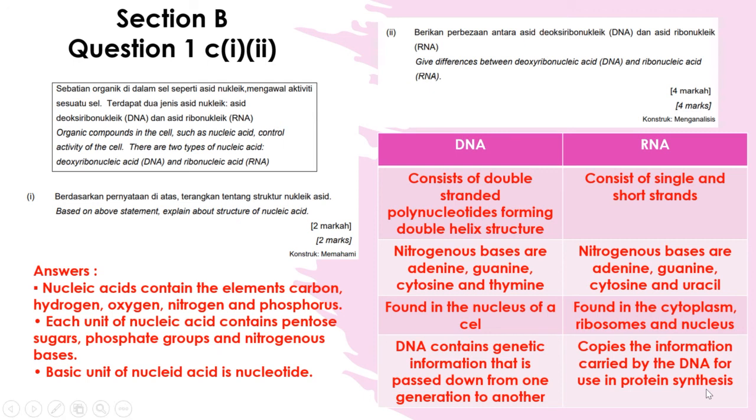So RNA is important in protein synthesis, whereas the DNA carries the genetic information, or genetic material, from the parents. That refers to the differences between the DNA and RNA.